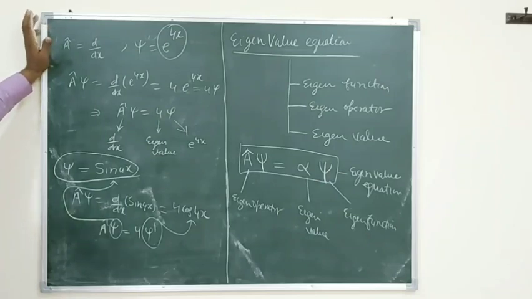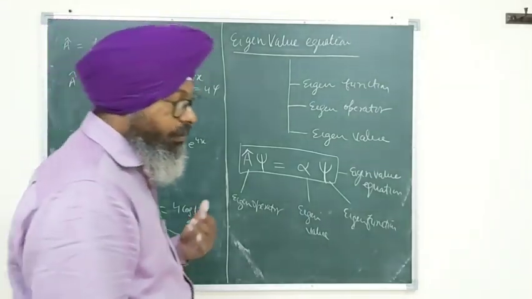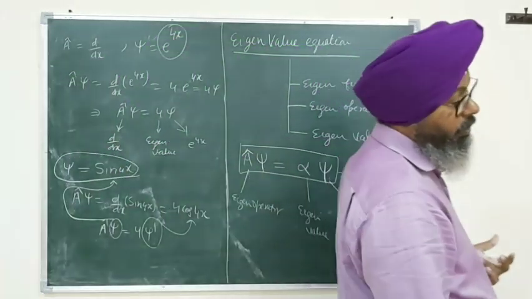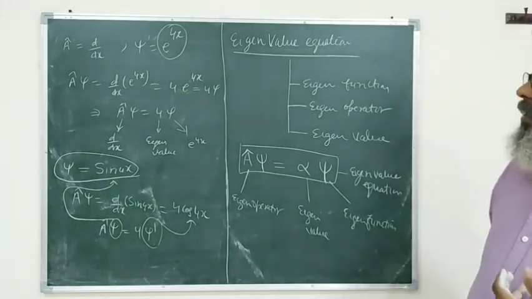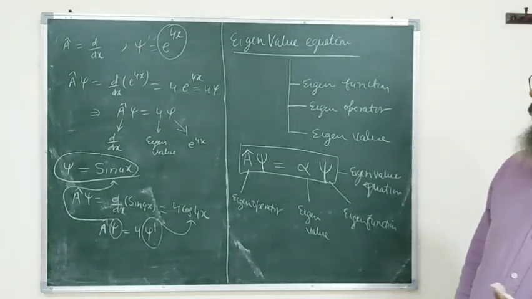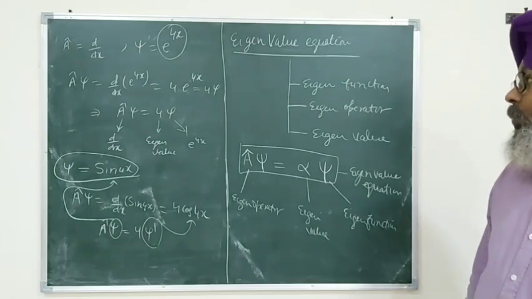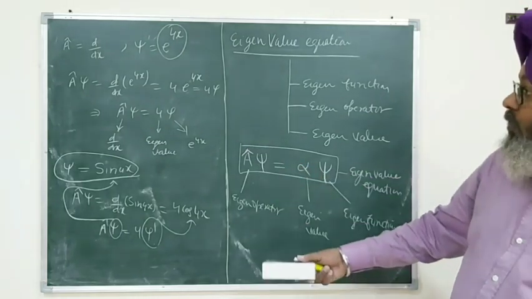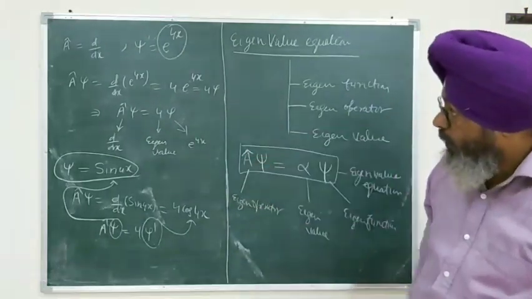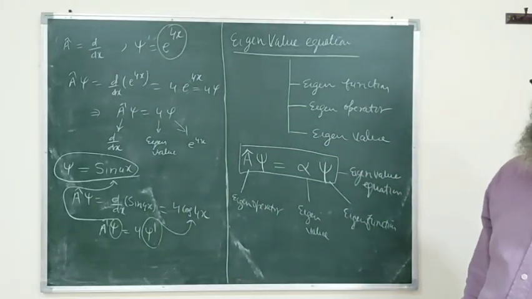For example, the energy operator is always the same, the momentum operator is always the same, the Hamiltonian operator is always the same. The only thing we have in our hand is to choose an appropriate wave function so that the eigenvalue equation may be formed. So it is an interesting part of our example which showed that you may not get an eigenvalue equation from the same operator for all wave functions.